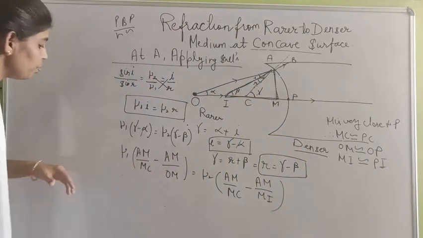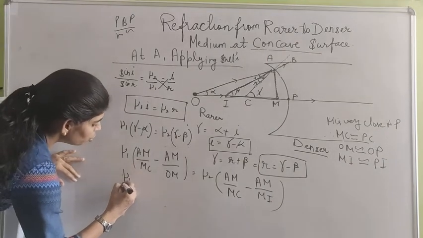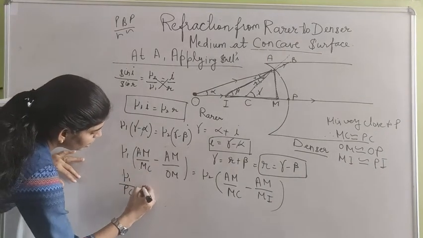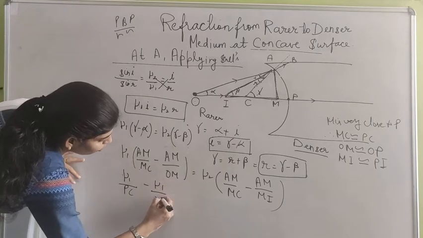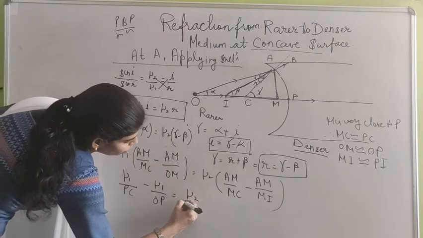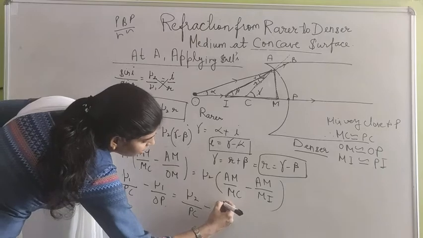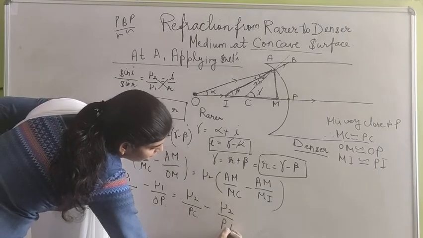So simply replace these values, we will get mu1 by PC minus mu1 by OP, and this is equal to mu2 by PC minus mu2 by PI.